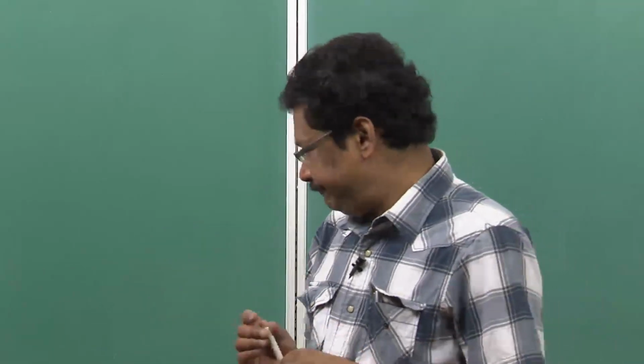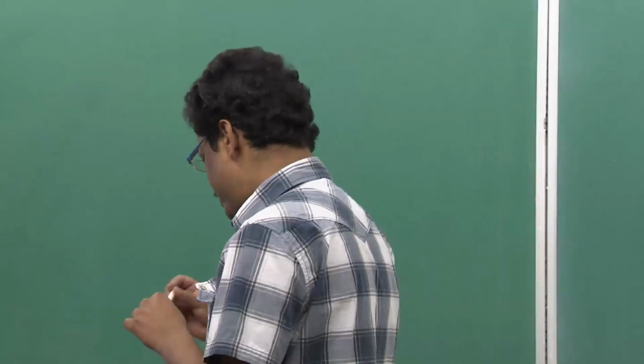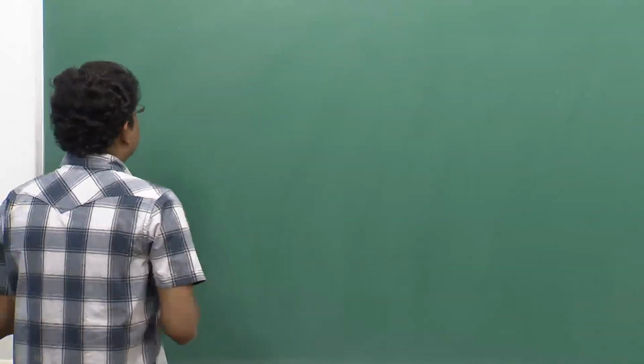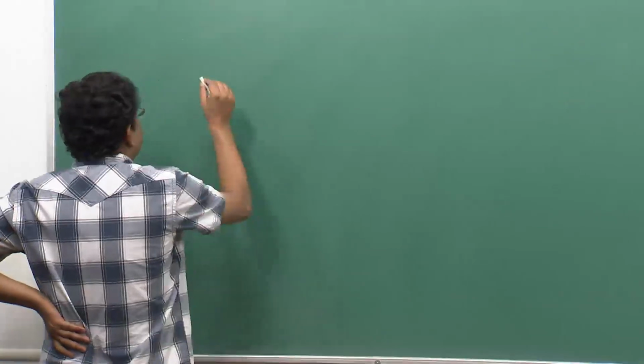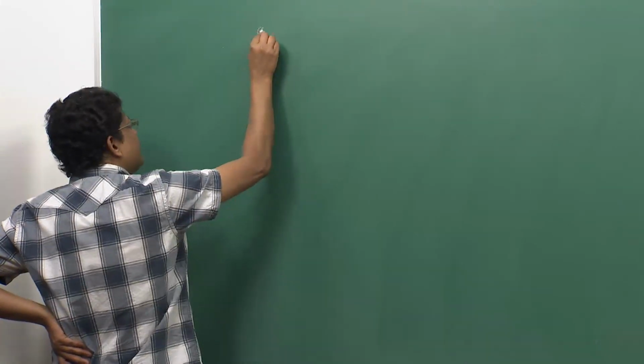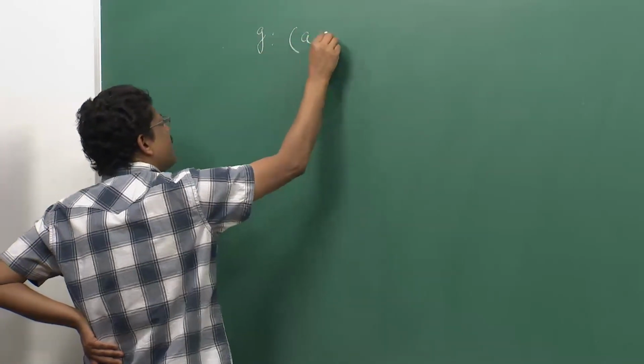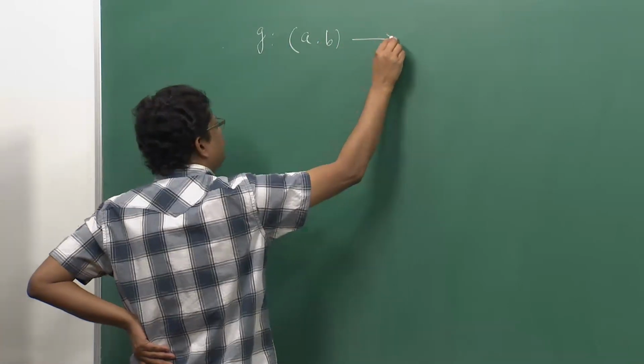So, what is the idea here? The basic question begins here. Suppose I have a nice function of one variable, nice meaning let us say smooth enough, defined on some interval to R.